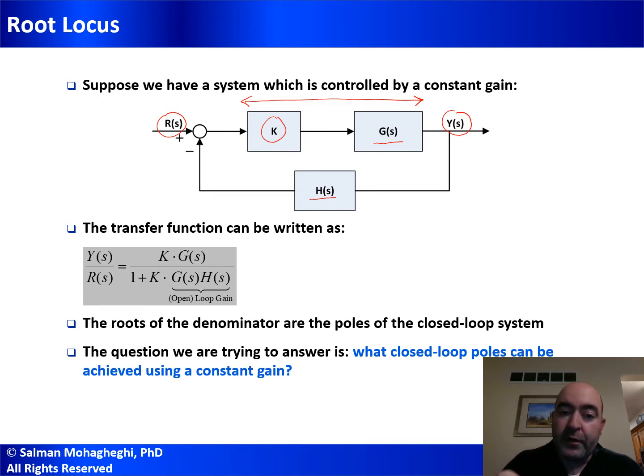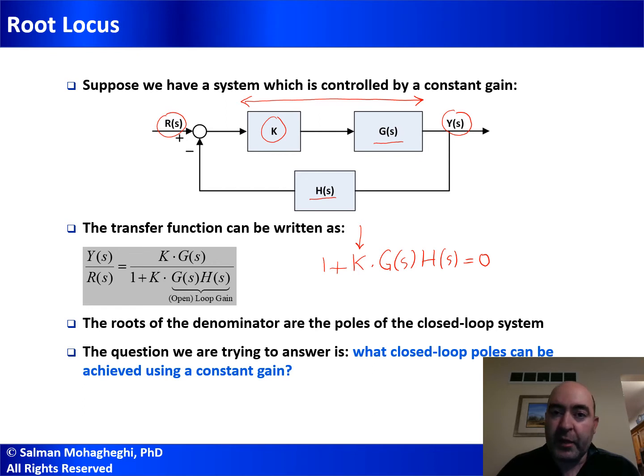In order to find the poles, I look at the denominator, and let me rewrite the denominator here. So I have 1 plus K times G(s) times H(s) equals 0. If I set it to 0 and find the roots, they are going to be the poles. That is simple enough, and this is something we have seen before. However, you notice something different here, that here I have a K. This K is a parameter.